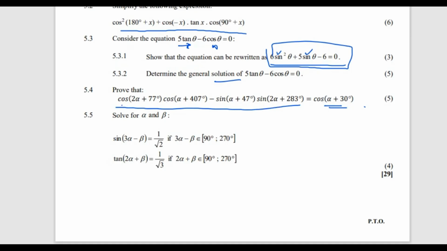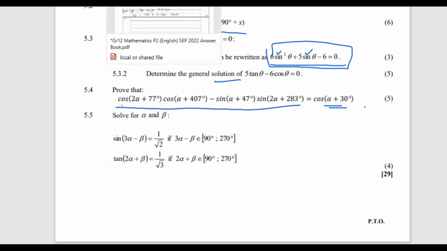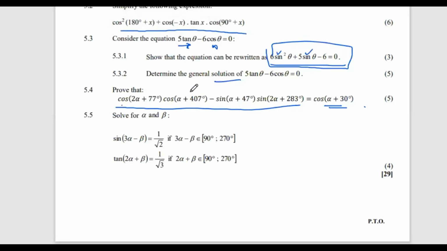Let me just rewrite it again, as much as it's going to take a lot of time. I remember this question was cut out last year. But it's fine, let's give it a try.